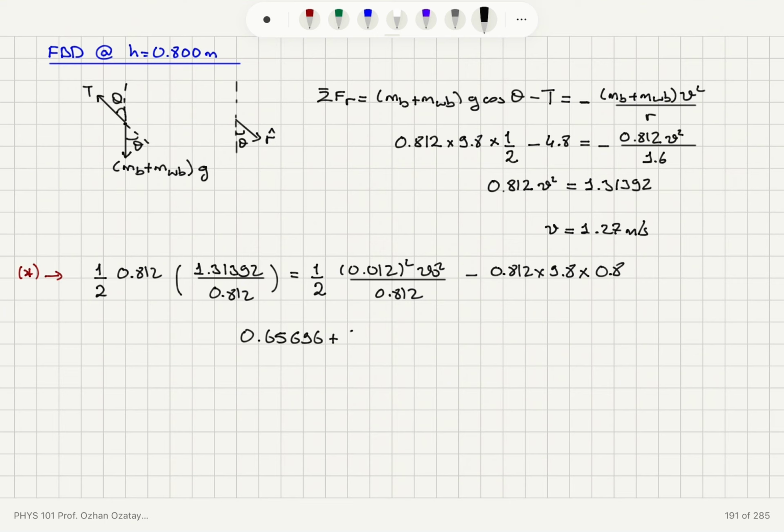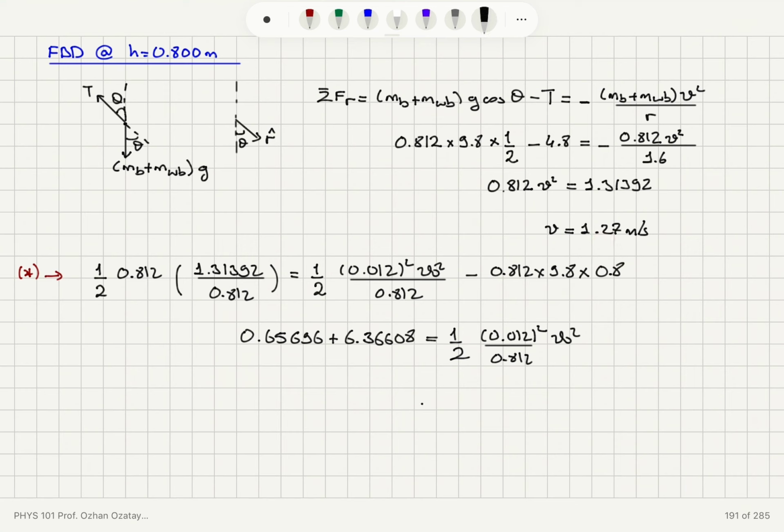So this gives us 0.65696 plus 6.36608 equals 1/2 0.012 square divided by 0.812 v0 square. So I've taken this term to the left hand side and evaluated it.